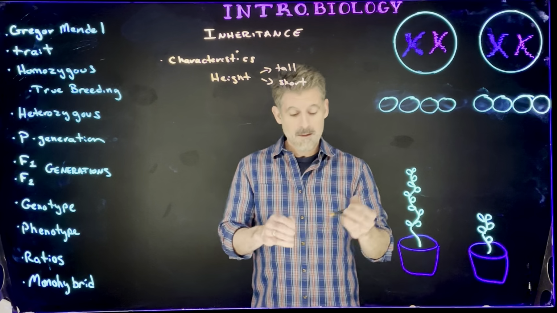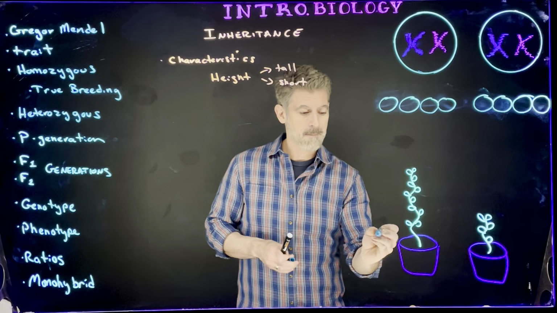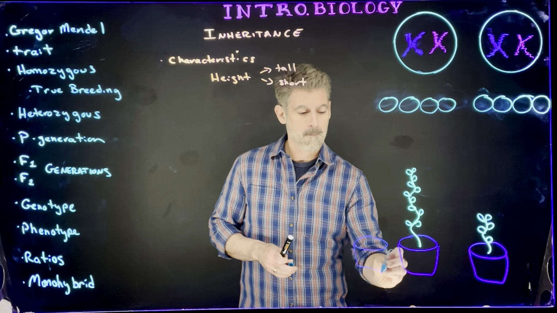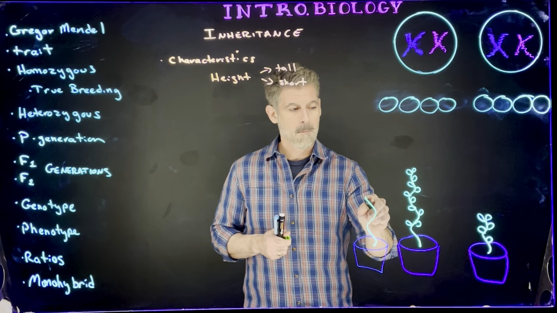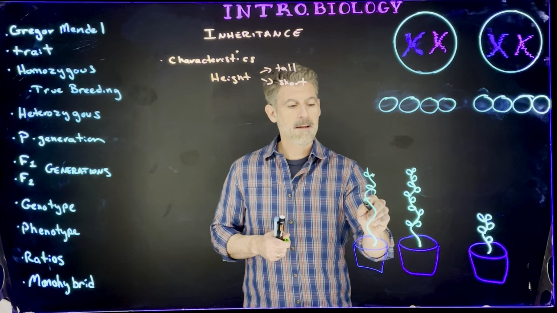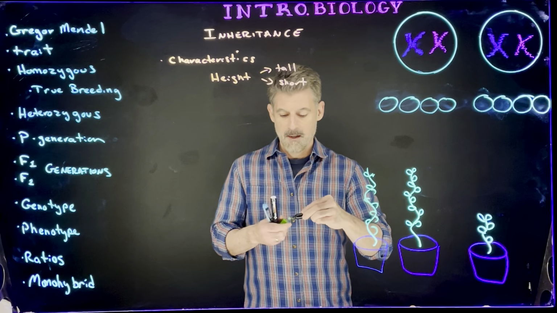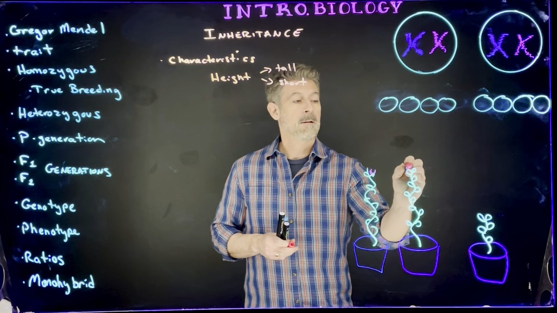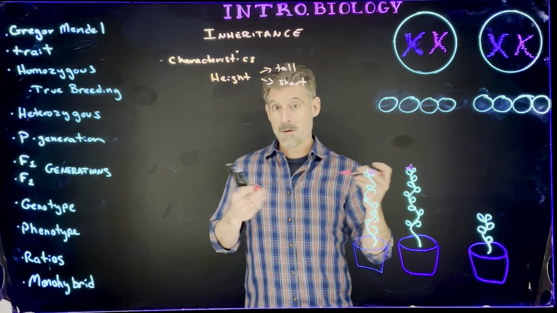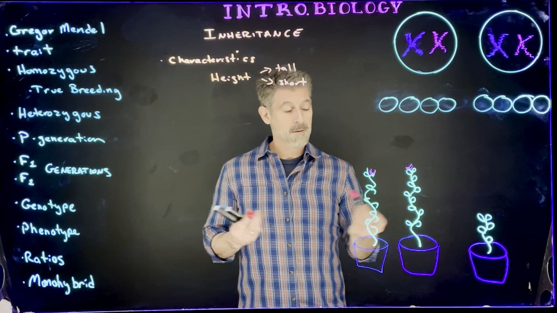Then what he would do is take tall plants, and when the tall plants would flower, the flowers would have undergone meiosis and produced pollen and ovules, or eggs.